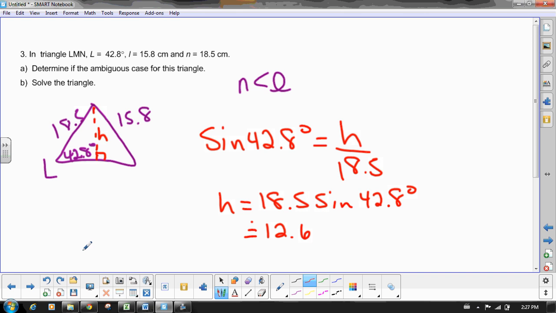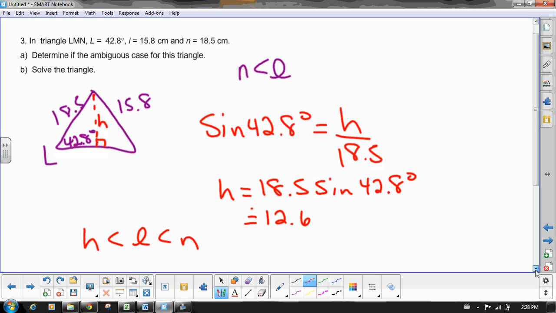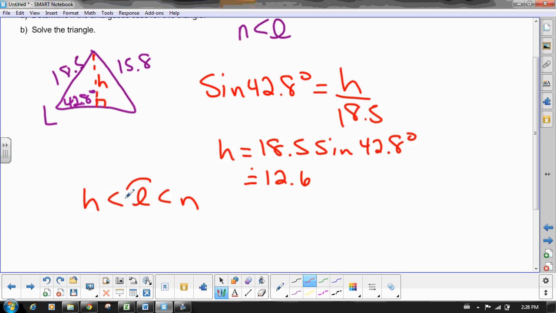So when I compare it, I know the height is going to be less than side L, which is less than side N. Because this number is in the middle of these two values, it means that it's the ambiguous case. If L was equal to n, that would be a right triangle.